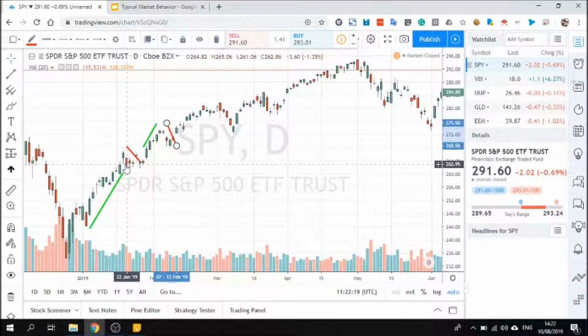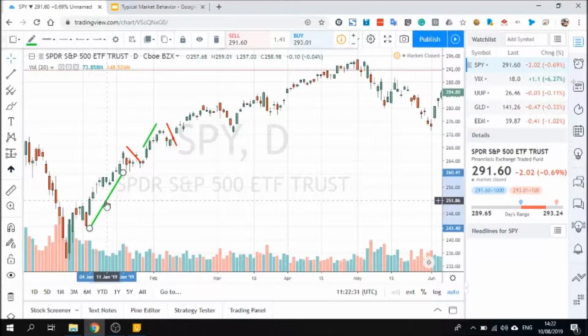So a typical market behavior is not moving all the way up in each and every day or week or whatever bar you're looking at on the chart. A typical market move is an up move, which is constructed from a number of bars climbing up on the price scale, and then at a certain point you get some retracement, and then you get another number of bars which climb the price, and then you get a retracement.